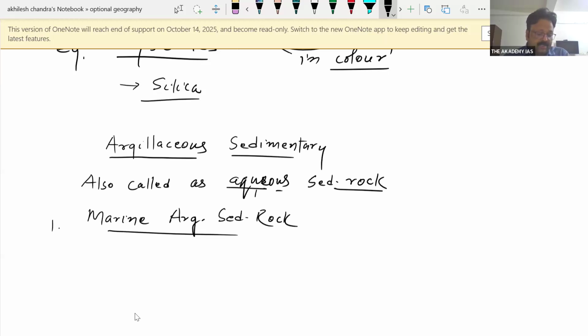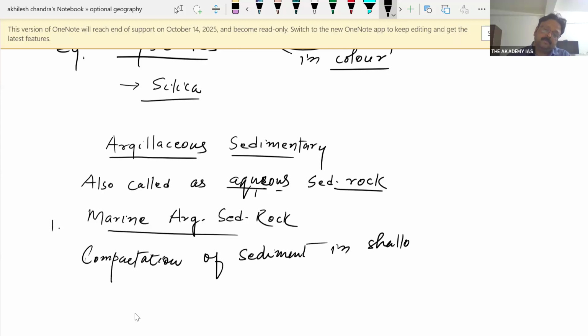So, consolidation of sediment in the ocean or in the littoral zone. Here the compaction of sediment in a shallow ocean or in the littoral zone, which is close to the coast.